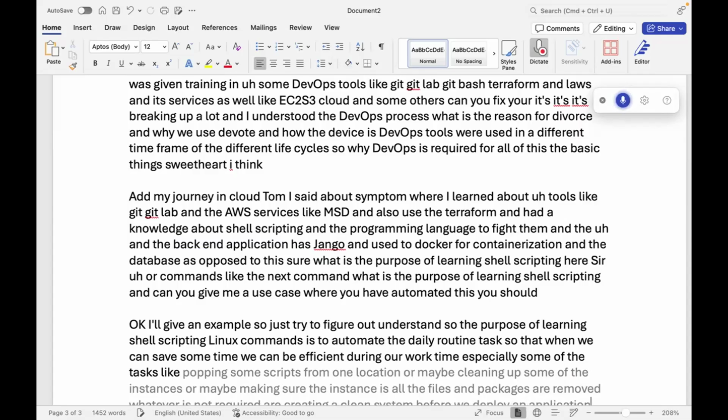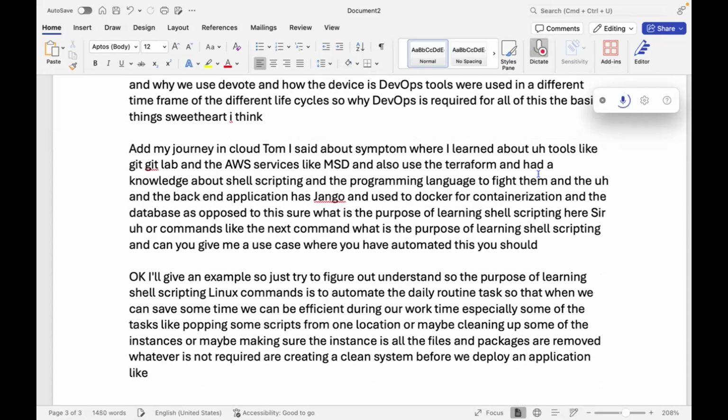Like that, very small tasks, probably adding an IP address to the whitelist so that the new IP address assigned to the instance is whitelisted.